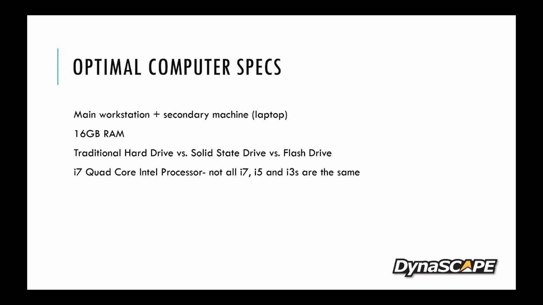If you're just going to be doing basic performance things like DynaSCAPE software, for example, it is so resource friendly. It does not take much of any resources. I've run it on a 10-inch tablet with 2 gigs of RAM and not even this caliber of a processor, and it worked just fine.